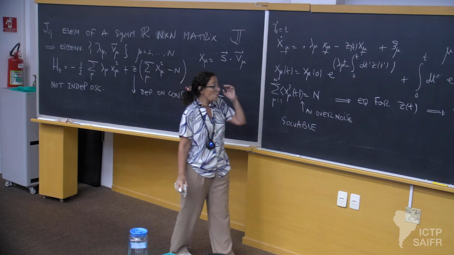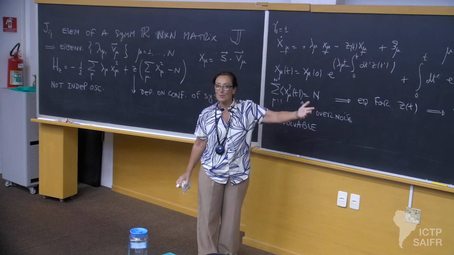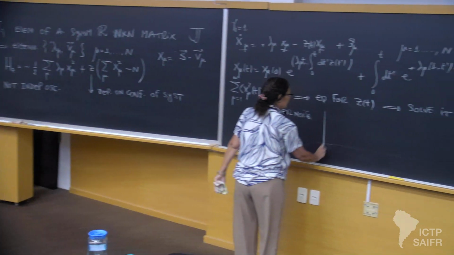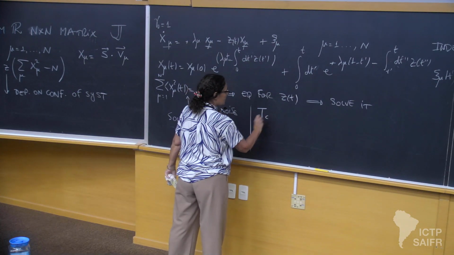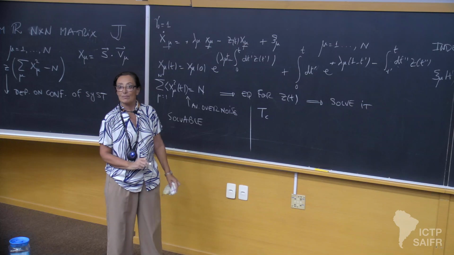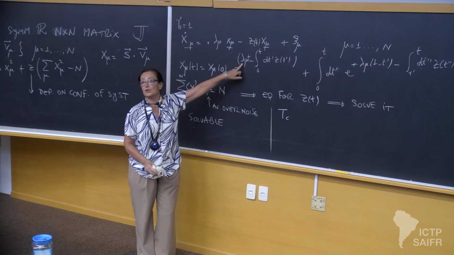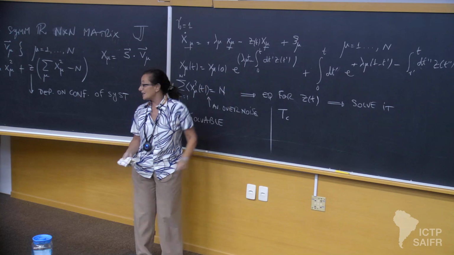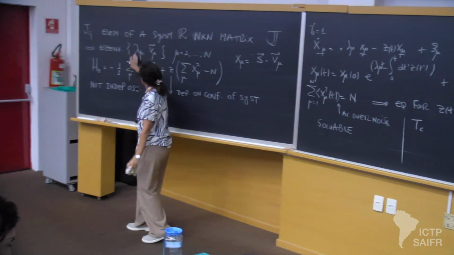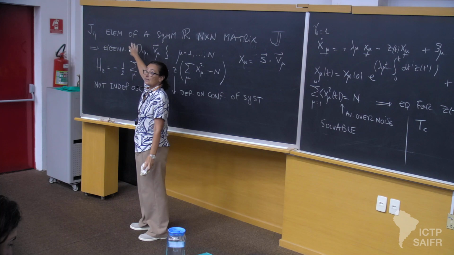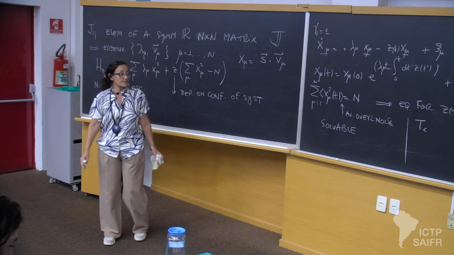Now, why is this problem similar to domain growth? Well, because first of all, you notice that when you look at the equation, there is a critical temperature that depends on who are the lambda mu's that you choose, because I haven't told you who are the lambda mu's. I just told you that the lambda mu's were the eigenvalues of a Gaussian matrix with real elements.